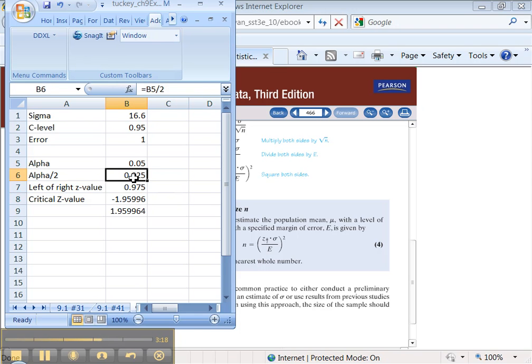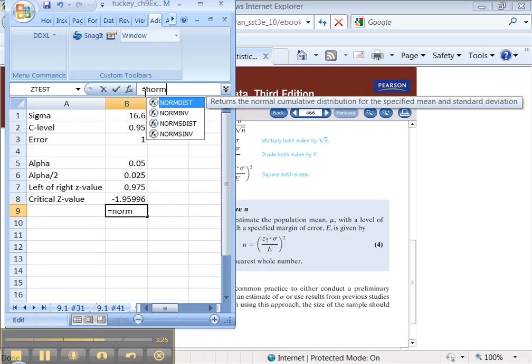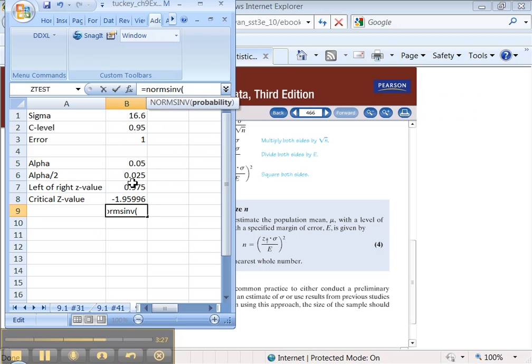They have to add up to 1 because they cover the whole curve between them. That's another way to do it, and then you could do norm S inverse of that value. So there are a lot of ways you could do this. One way or another, you still have to come up with this number. This is the critical value right here, not the negative one. The negative one isn't critical, not for what we're doing here.